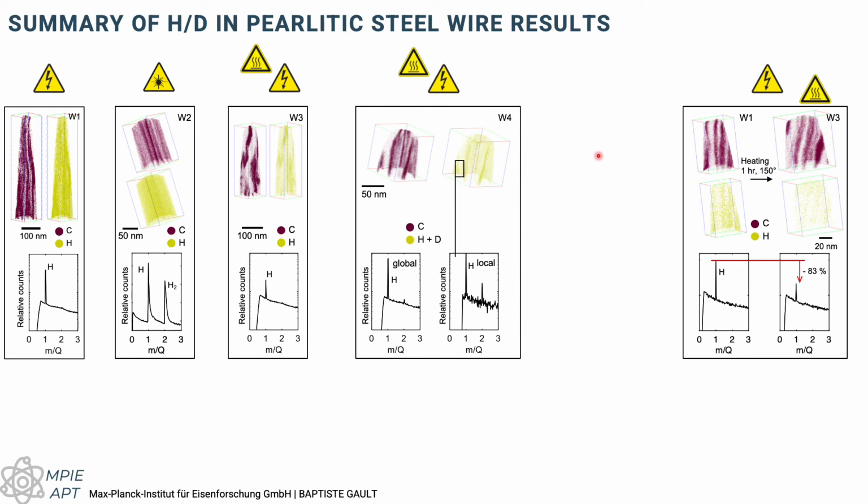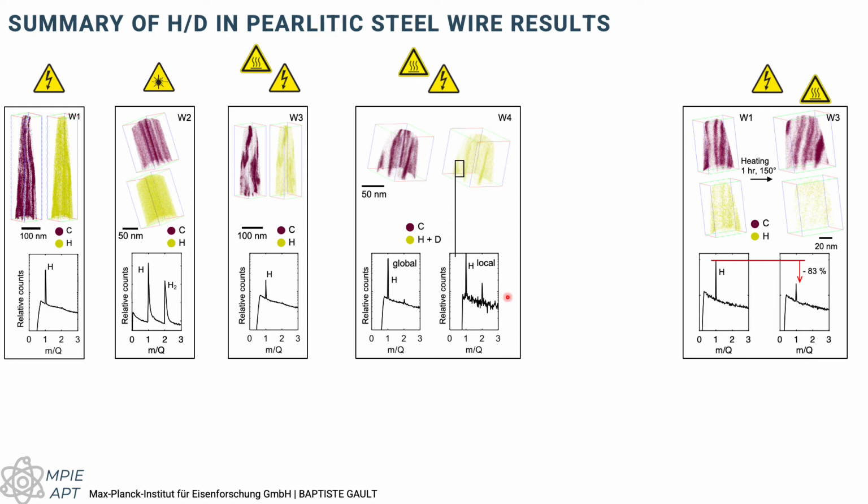So after all of these workflows have been used, in high voltage pulsing mode, after heating of the specimen to dissolve some of this hydrogen, we loaded with deuterium, and there we could actually detect some deuterium typically locally segregated at interfaces between these elongated carbides in the pearlitic steel and the ferritic matrix.